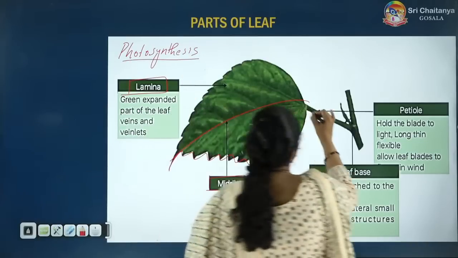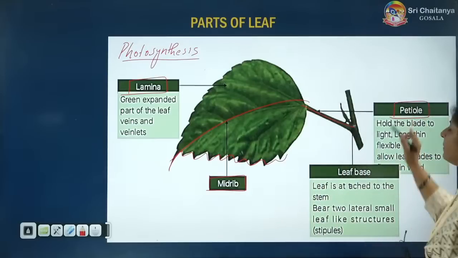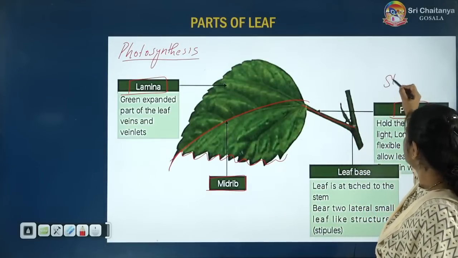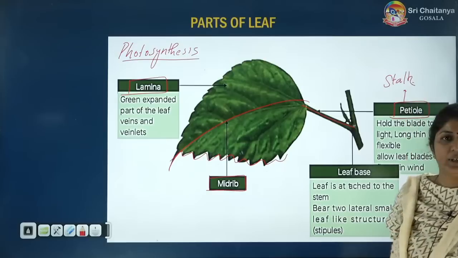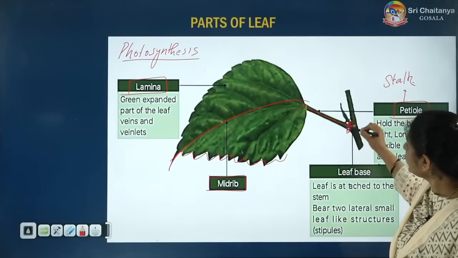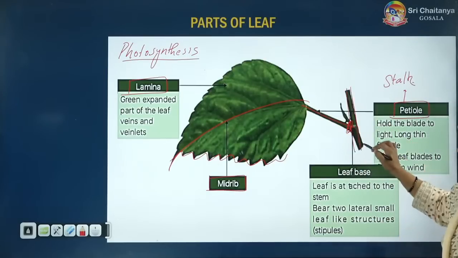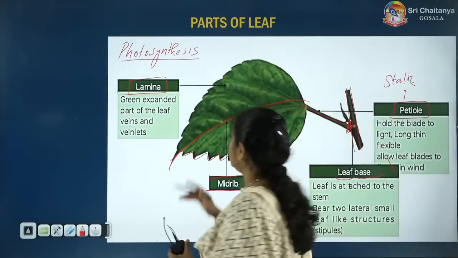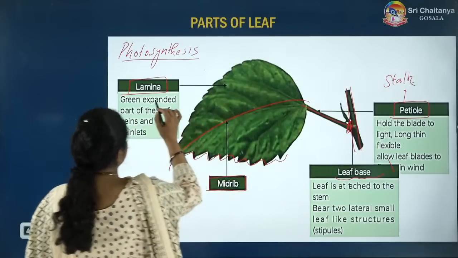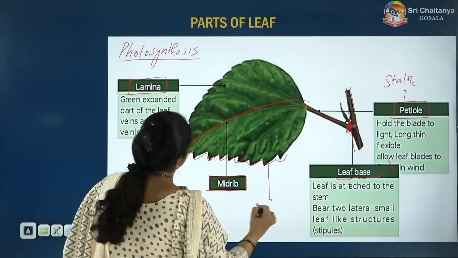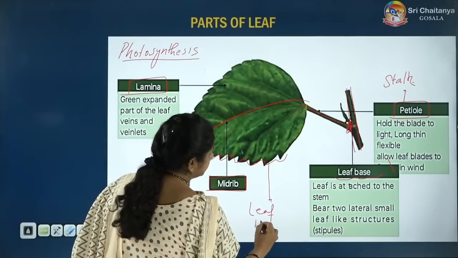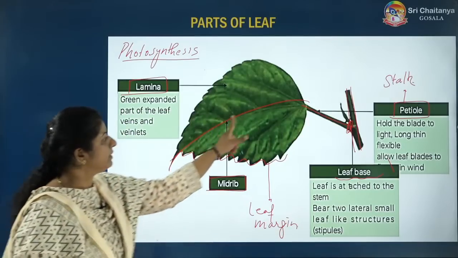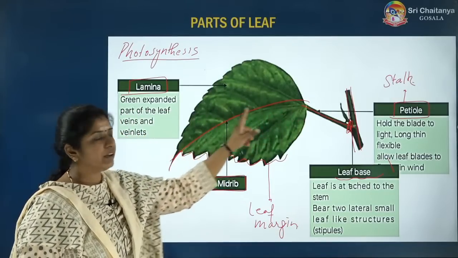And this part you call what thing? Petiole. The stalk. This is the stalk of the leaf. And the point where the leaf is attached with the main stem, that you call leaf base. I repeat, the margin you call what thing? Leaf margin. Right? The center, the vein you will take.